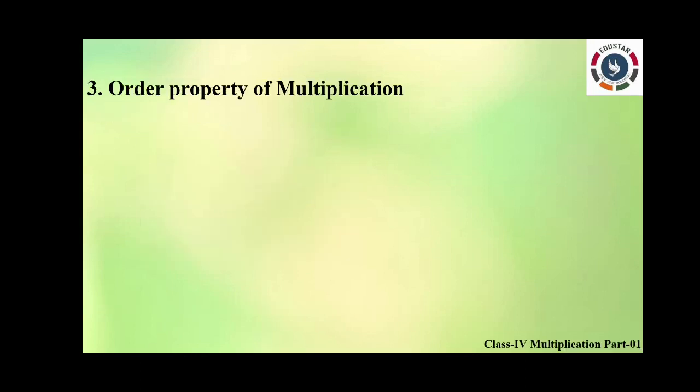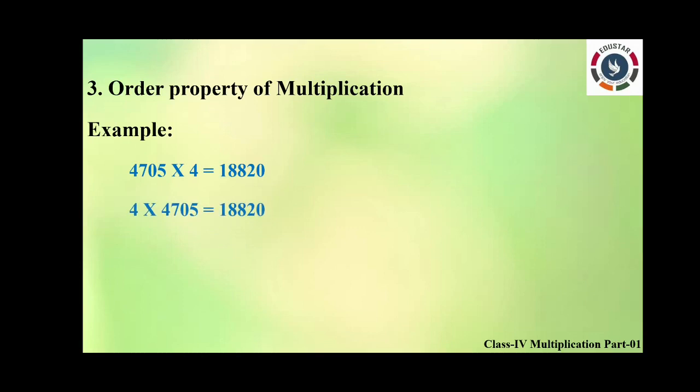Third property, order property of multiplication. When we multiply two numbers, we can change the order of the numbers. It does not change the product. For example, 4705 multiplied with 4 is equal to 18,820.